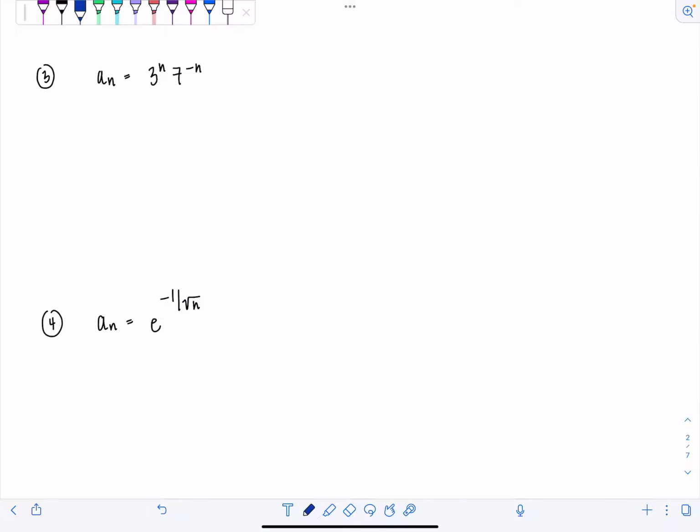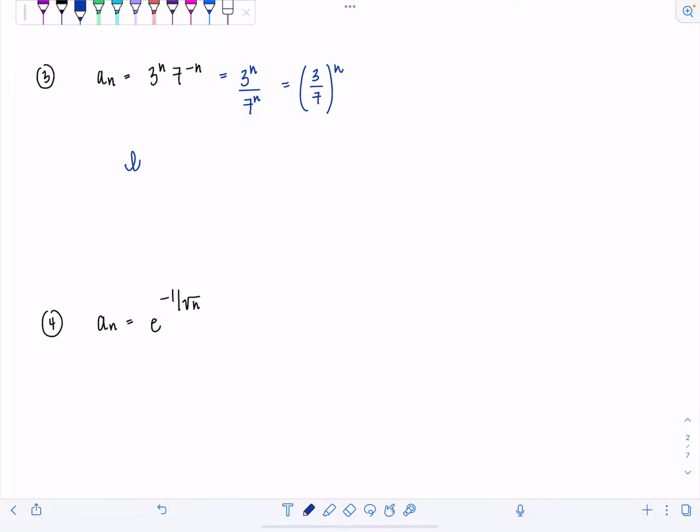a_n equals 3 to the n times 7 to the negative n. I'm going to rewrite this before I take the limit. This is 3 to the n over 7 to the n, which I can rewrite as (3/7) to the n.